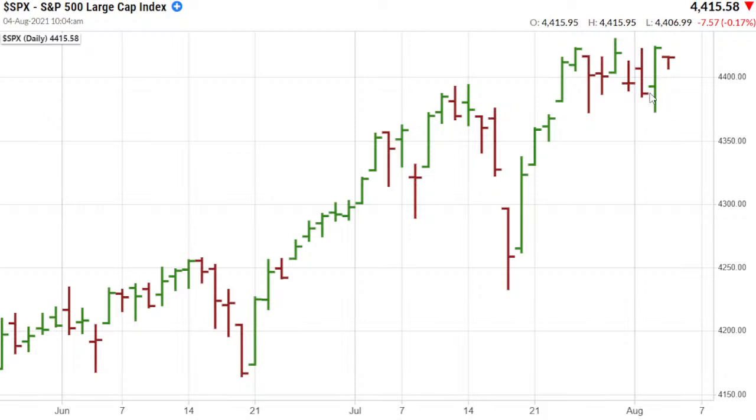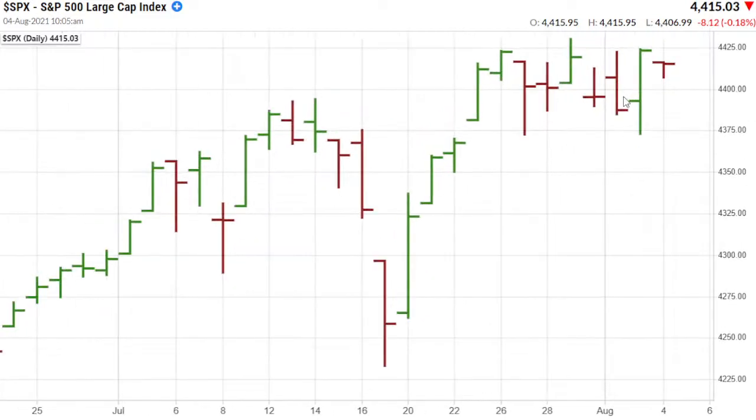Yesterday was a very interesting day, because in the morning, anyway, the market looked like it was about to break down from this range, break that low, and then immediately rallied all the way back up to the upper end of the range. It's crazy. And yesterday was an all-time closing high for the S&P. So very interesting, to say the least.